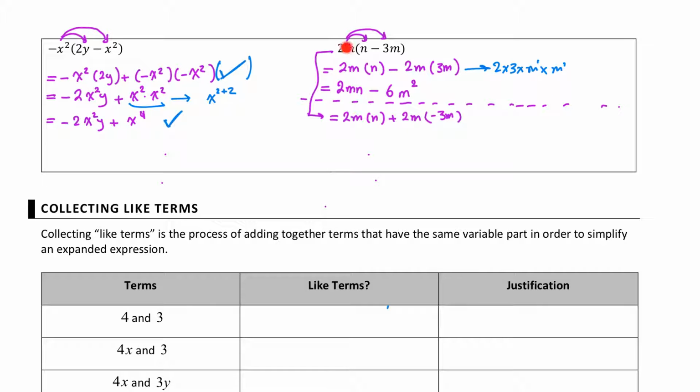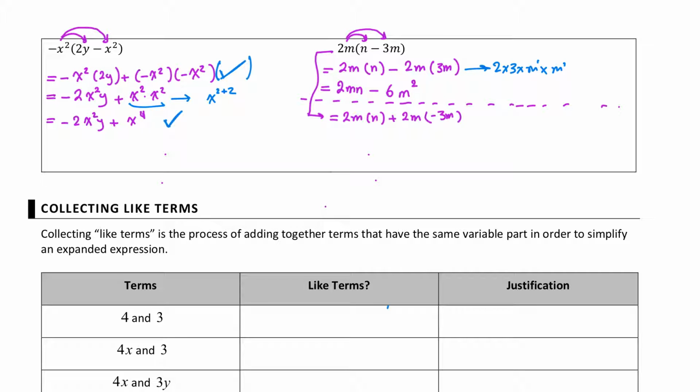In the first one, I realized right away that I have positive times a negative, so this whole term becomes a negative, so that's what I did. In this case, I just wrote it instead by using steps, saying 2m times n over here, and then 2m times negative 3m over here, so I'm adding that in.